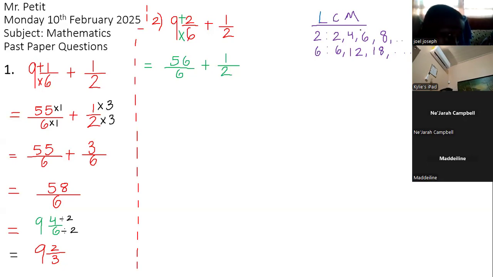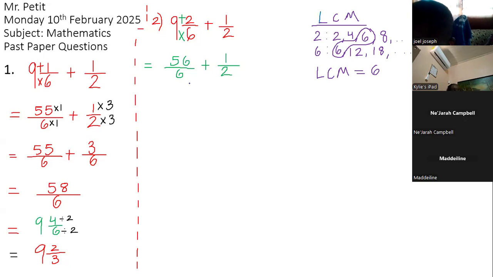Very good. So the LCM is going to be equal to 6, which means that our lowest common denominator is going to be 6.